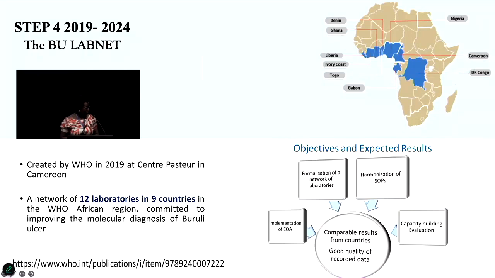He will give details on that. So we created this network in 2019 with the aim to harmonize our procedures, build capacity, and then implement this EQA to get comparable results and to give more accuracy and good quality of reported results.